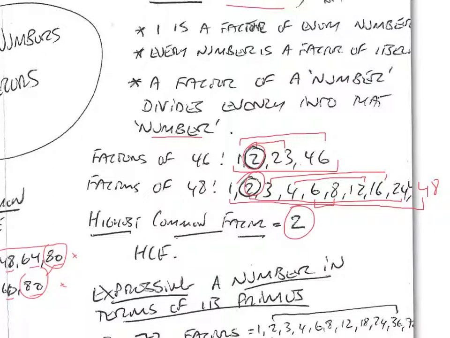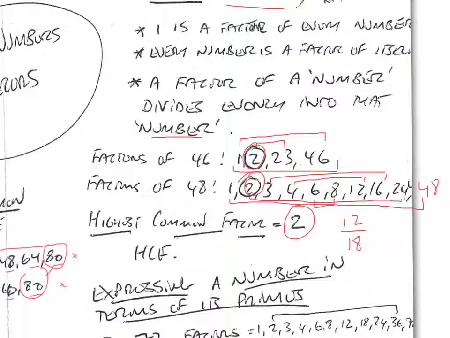We use the highest common factor when we're simplifying fractions to equivalent fractions. For example, if we had 12 over 18, to reduce it to its simplest form, we would look for the highest common factor of 12 and 18, and divide above and below by that highest common factor.